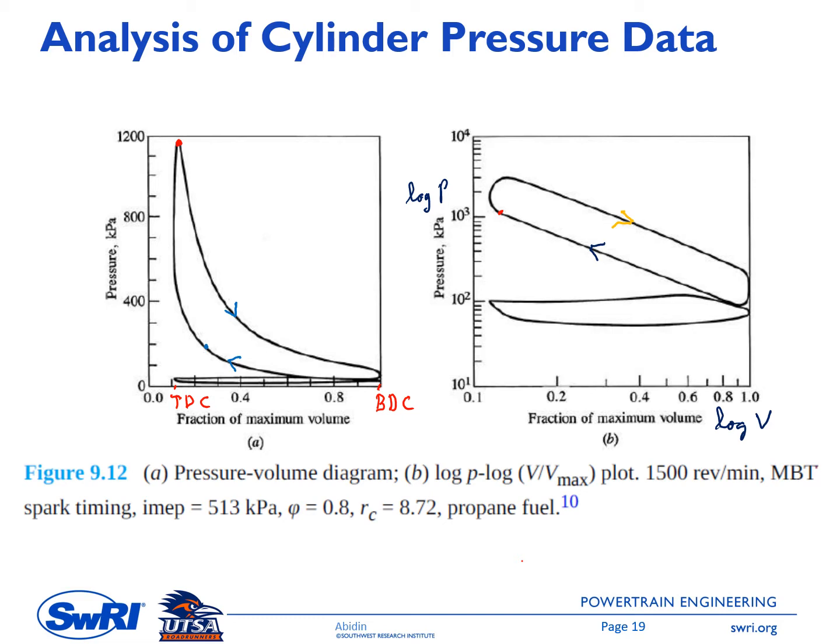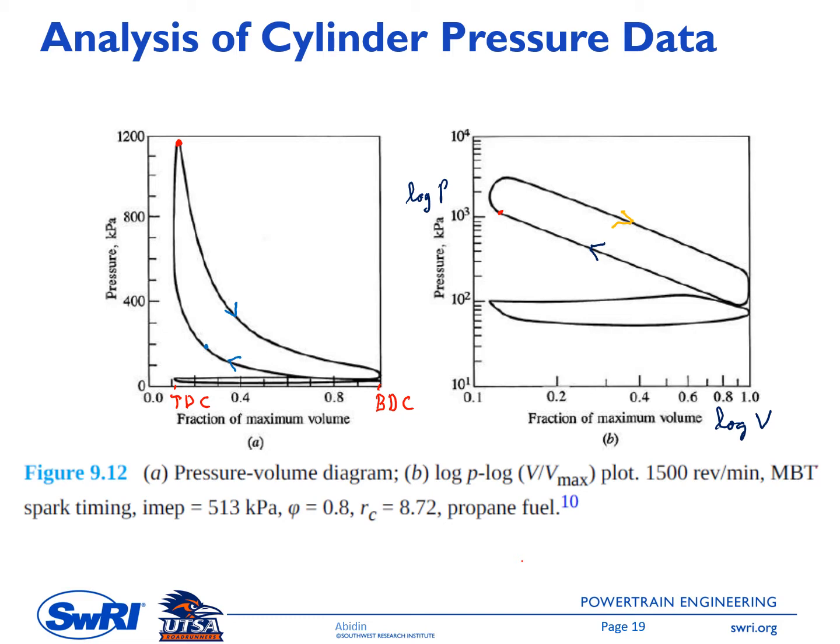So how can we get this straight line to represent the compression and expansion strokes in the log P log V diagram? We can model the compression stroke and expansion stroke as a polytropic process.